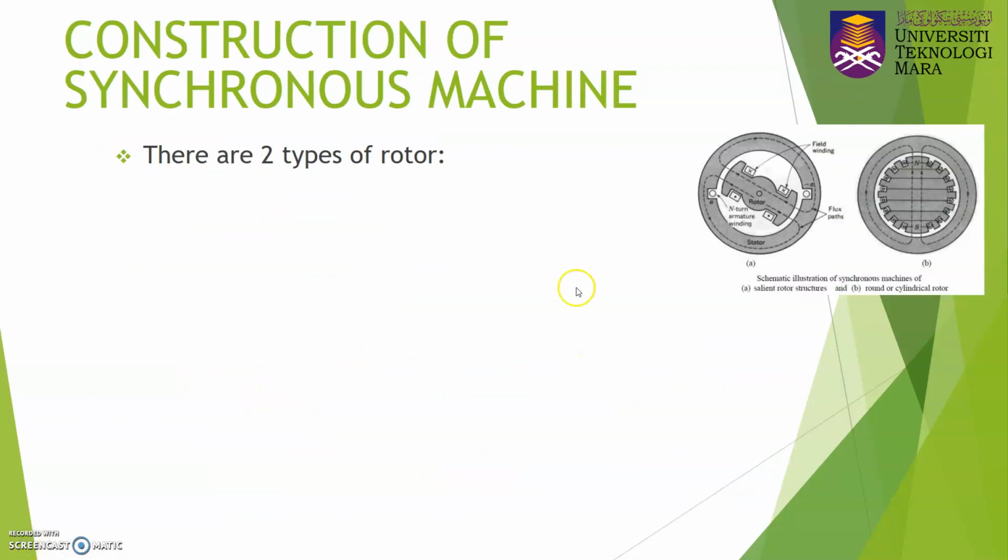In terms of the rotor type, as we saw in the previous slide, we have two different types of rotor. The first one is the salient rotor structure, and this one is a synchronous machine with a round or cylindrical rotor. The first one is the salient pole type, which is driven by a low speed hydraulic turbine.